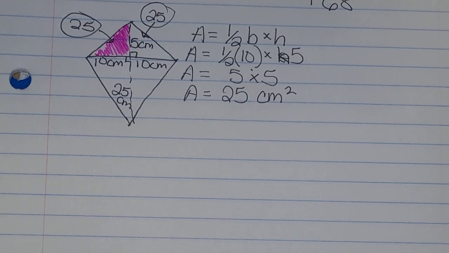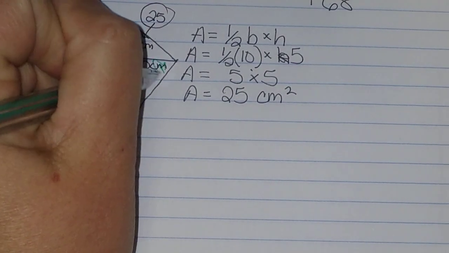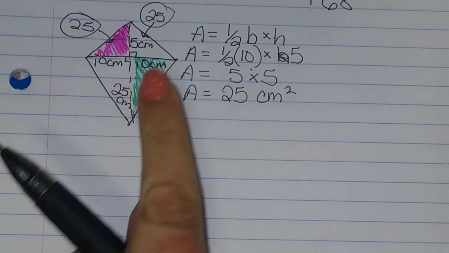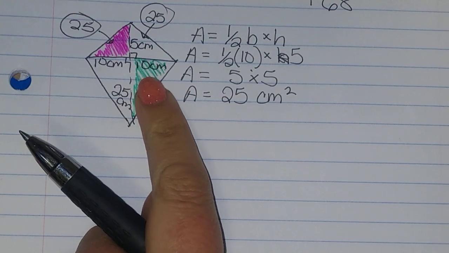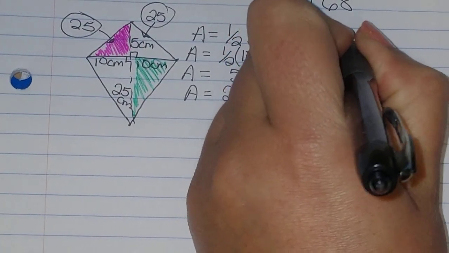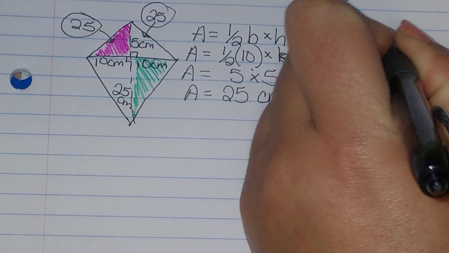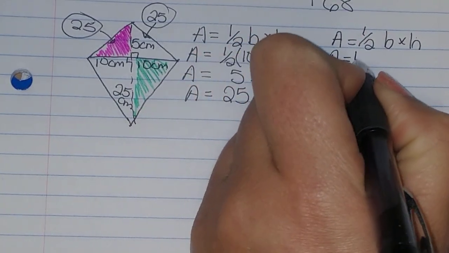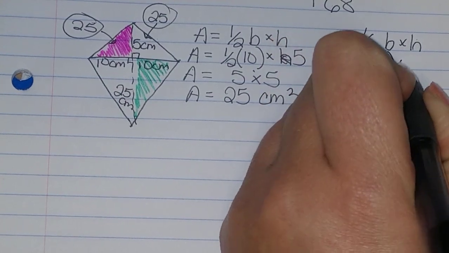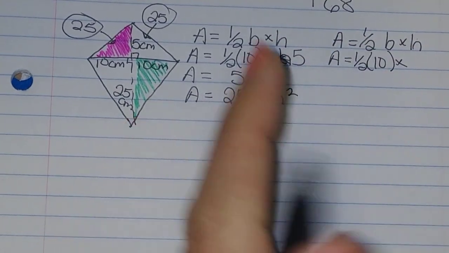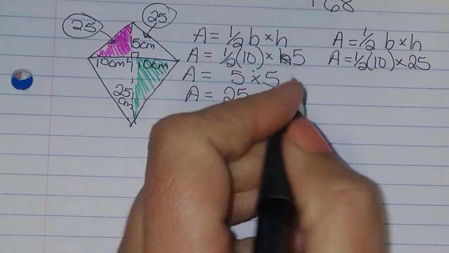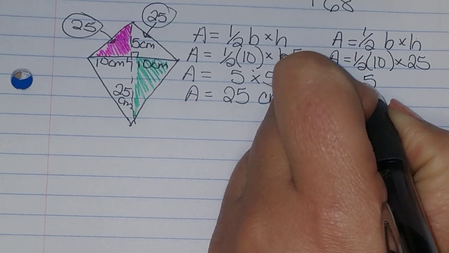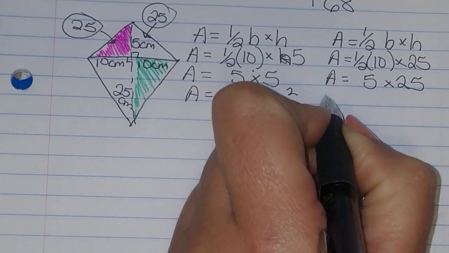Let's look at one last triangle on here. On this triangle, the base that I'm given is 10 centimeters. So again, area equals 1/2 base times height. My area is 1/2 times 10 times the height of 25, so my area is going to equal 5 times 25.